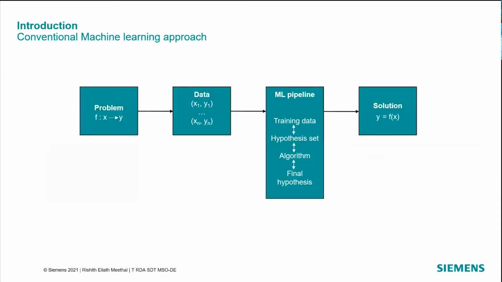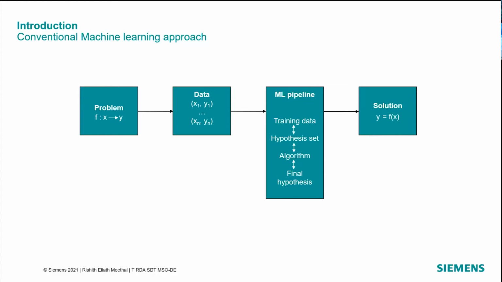So let's consider how people were approaching the physical problems using conventional machine learning approach. So they were following the conventional ML pipeline where they create a lot of data and use, for example, in the neural network, mean square error and optimize the neural network to approximate the function between x and y.